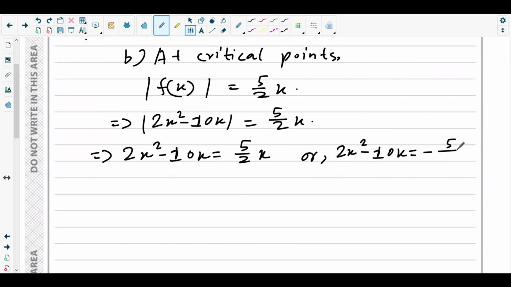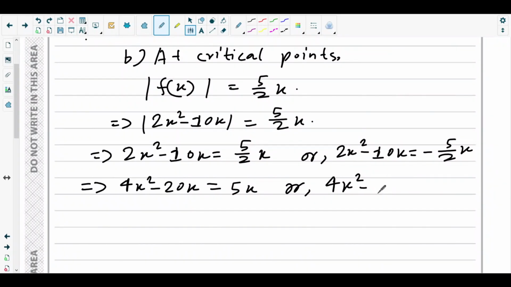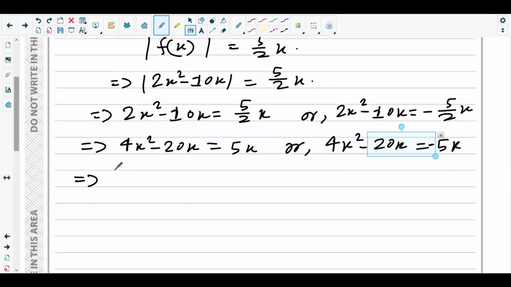negative 5/2 of x. Now multiply both sides by 2. You will get 4x squared negative 20x equals 5x. Or, multiplying both sides by 2, you will get 4x squared negative 20x equals negative 5x. Now take all the terms on the same side. You will get 4x squared negative 25x equals 0.